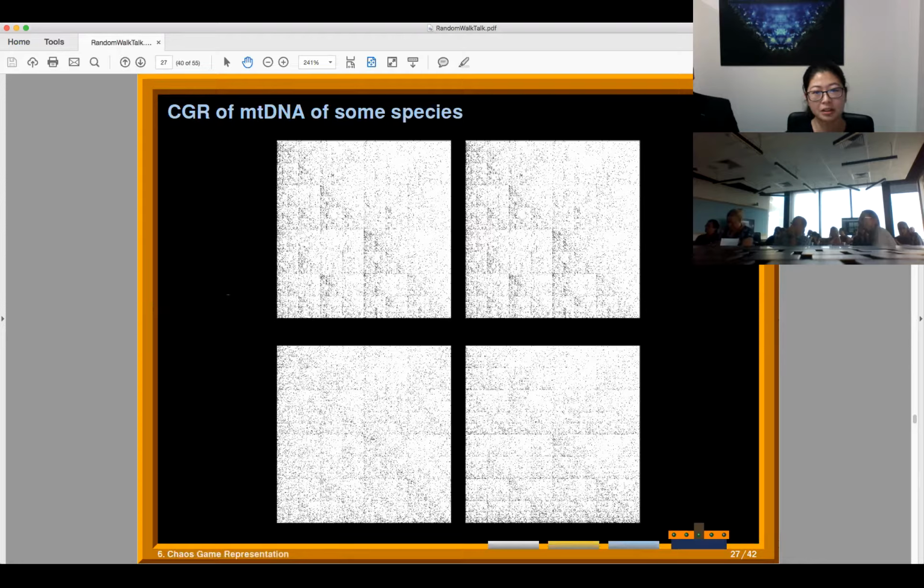Without telling you what species these CGRs represent, we can automatically see that the top two look pretty similar, or more similar than the bottom two. And if I reveal to you what the species are, you will understand possibly why this is.